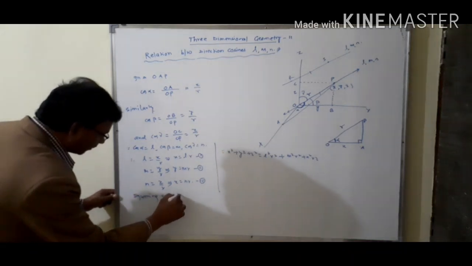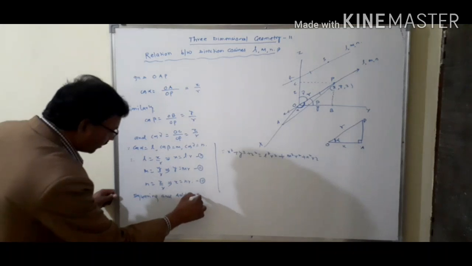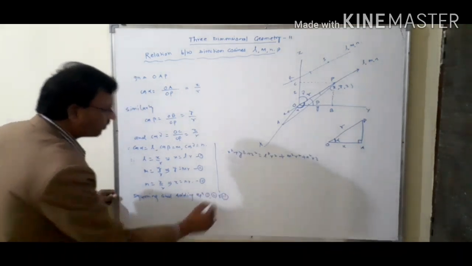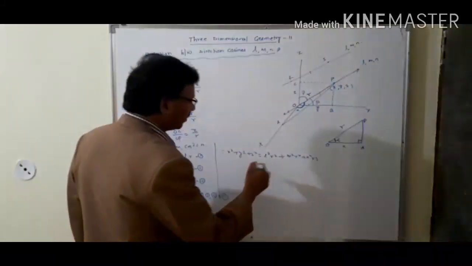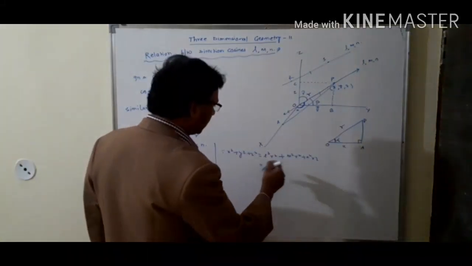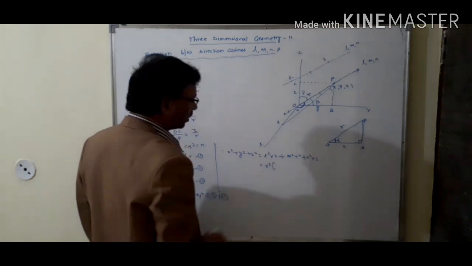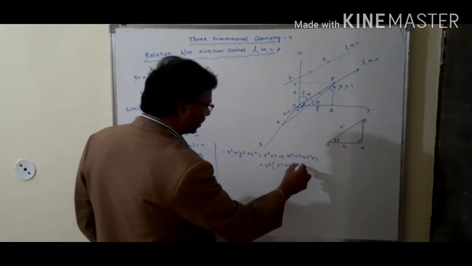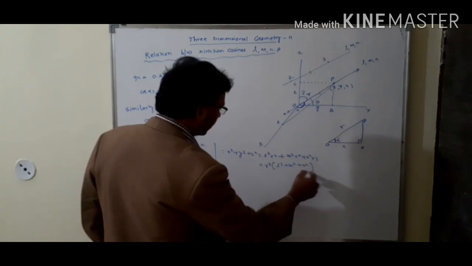Now from the right side we can take r square as common, so what remains in the bracket will be l square plus m square plus n square.